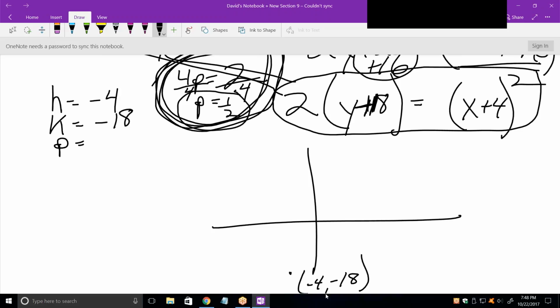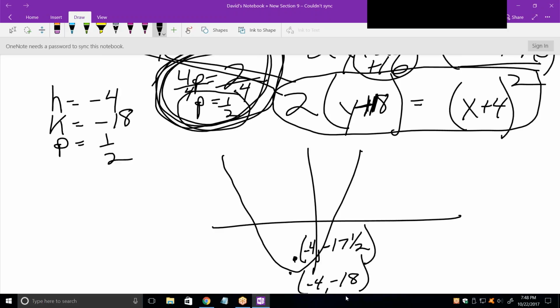That it opens up, and that P is 1/2, meaning P is up 1/2 from -18. So that's where the focus is, and that focus is at -4, -17.5. Okay. Because P was 1/2.